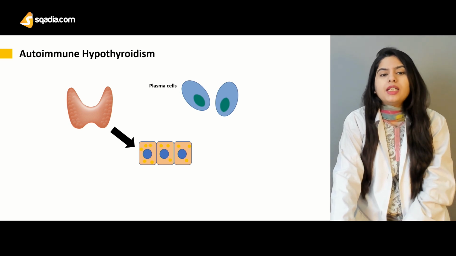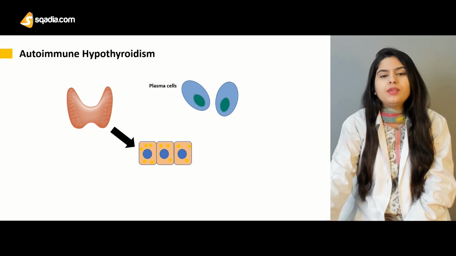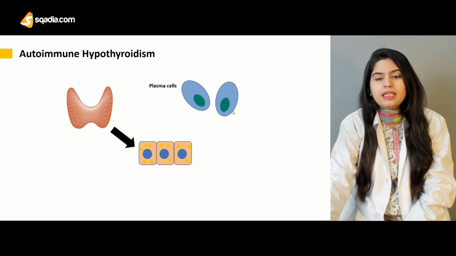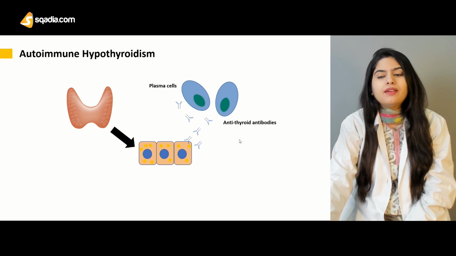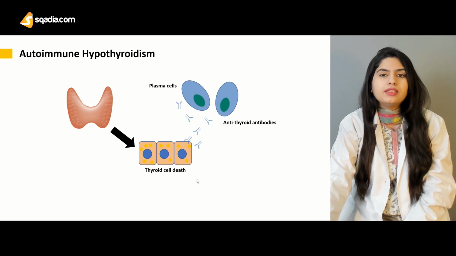Now what happens is that, due to some autoimmune reason or some defect, the immune system's plasma cells produce anti-thyroid antibodies. What is the purpose of these anti-thyroid antibodies? They act on these cells and cause the destruction and death of the thyroid cells.